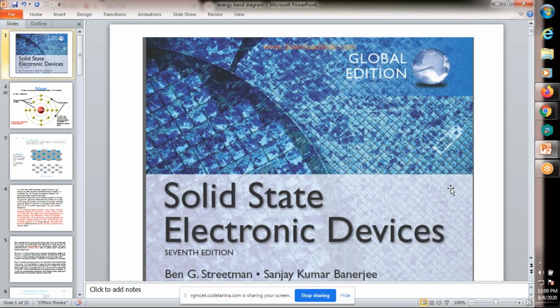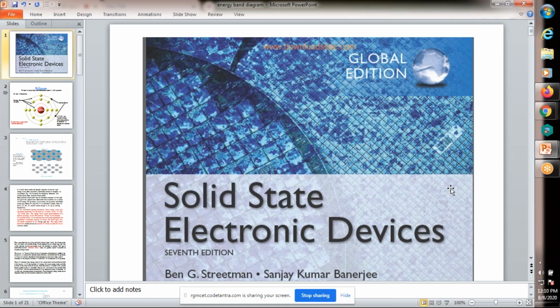So far, we analyzed the semiconductors. What is meant by semiconductor? What are the different types of semiconductors? How is a semiconductor formed? P-type formation, N-type formation. How the current conduction takes place in semiconductors, and also we concentrated on how current flows through a PN junction diode.